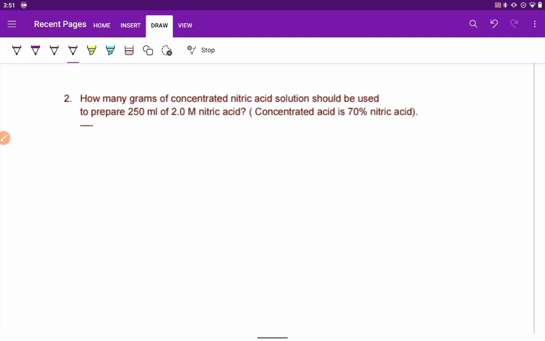So first one, for nitric acid we need to calculate number of moles needed. So number of moles we will get by multiplying molarity by volume. Molarity into volume in liters.